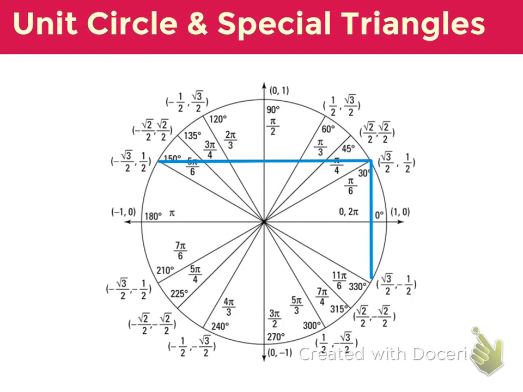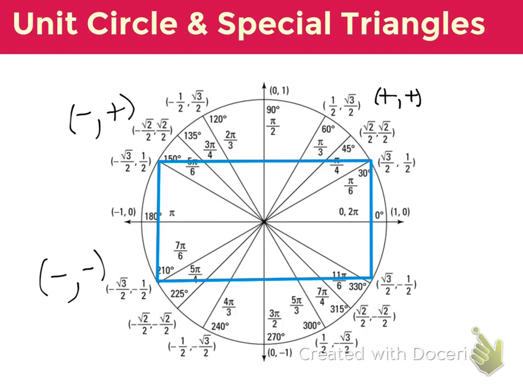They all share the same absolute value, I should say, square root of 3 over 2. However, when you move into the different quadrants, where this is positive, positive, this quadrant right here, quadrant 2, would be a negative sign first and then a positive. This is going to be our negative, negative quadrant. And this one over here is going to be our positive, negative quadrant. So, again, follow it all the way around on that rectangle.